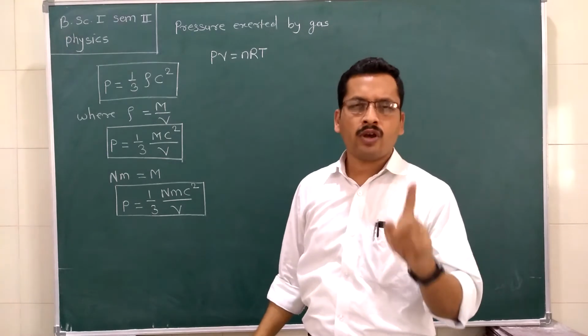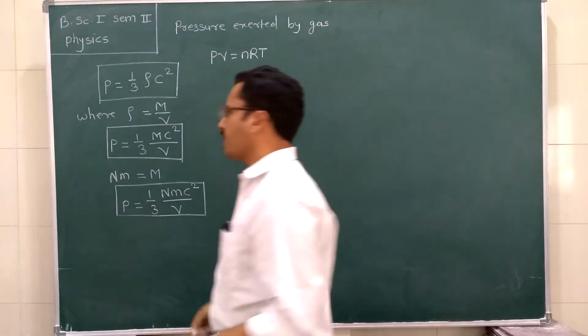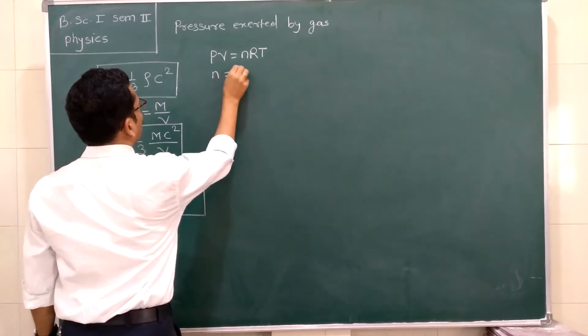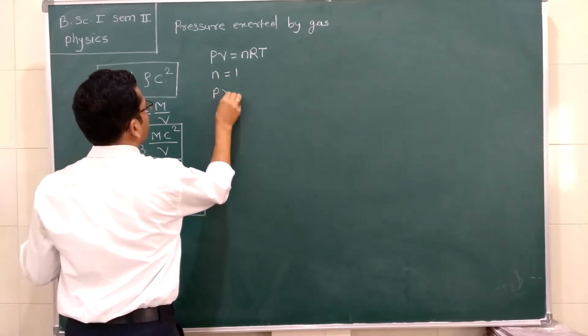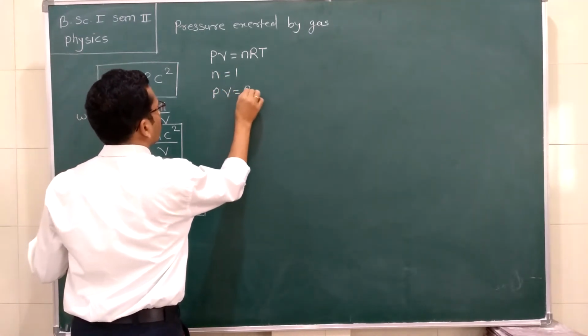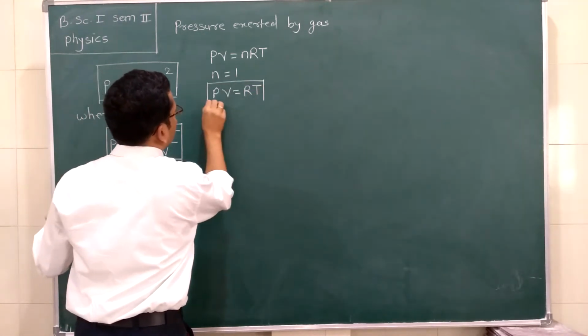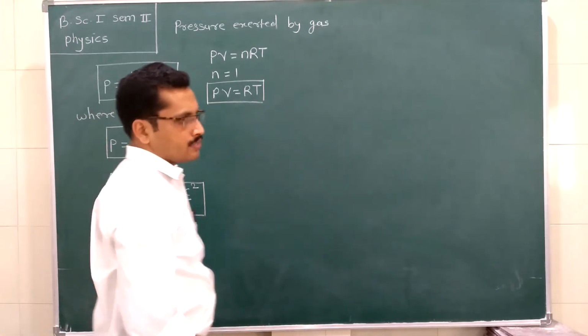For 1 mole of a gas, n is equal to 1, so we can write PV = RT. This is called the perfect gas equation or ideal gas equation.